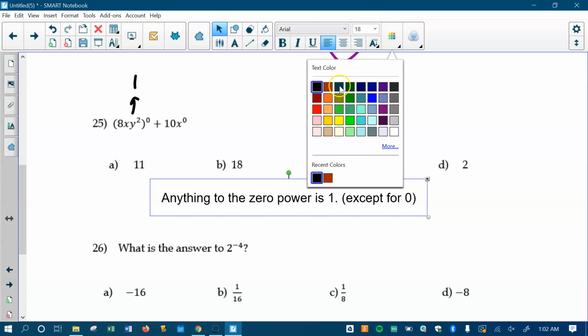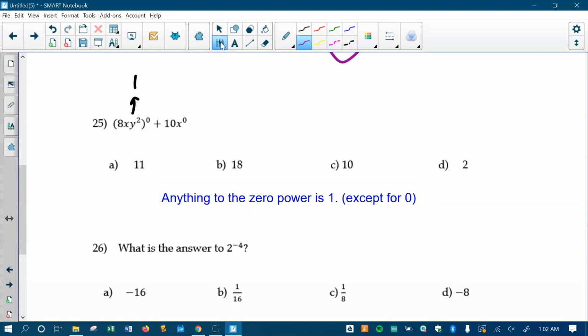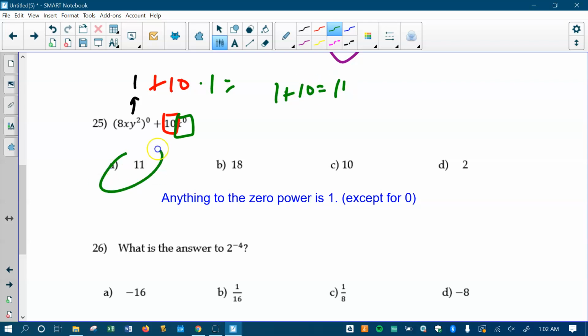So the only part here that we need to be aware of then is going to be 10 times x to the 0. And again, this is going to be a parentheses thing. If I box in 10, 10 is not being raised to the 0 power. So it's going to be plus 10. Then this x to the 0 in green is going to be times 1, which is going to be 1 plus 10, which is going to be 11.